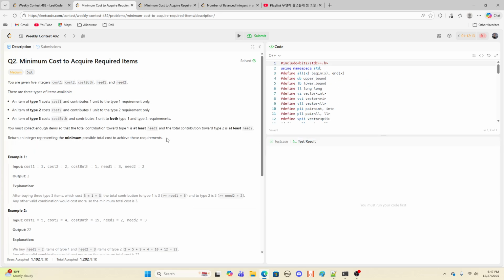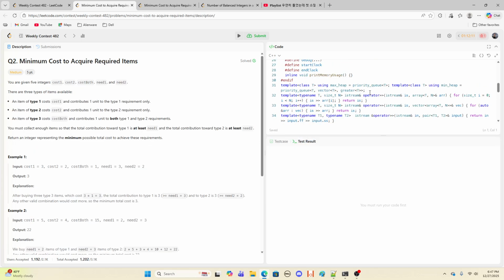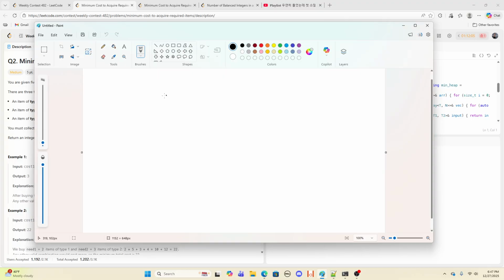Q2 looks kind of complicated, but it's not. So you have C1, C2, C3. This contributes 1 to type 1, this contributes 1 to type 2, and this contributes 1 to both type 1 and type 2.